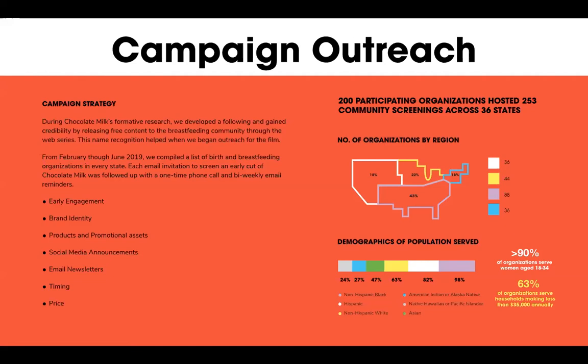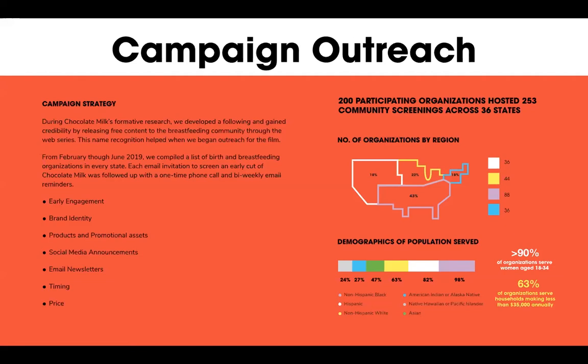And so there were several key elements in our campaign strategy. There was early engagement, which we just discussed. There's brand identity. So we used branding consistently throughout the life of the web series and also in promoting the film so that people would remember us from the content on YouTube that we've been pushing out in years before.